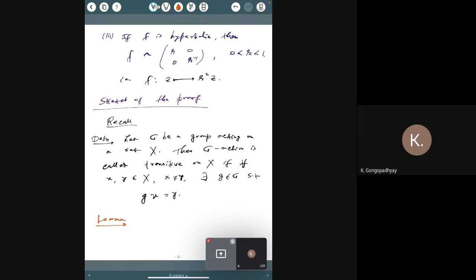Lemma: the group SL2R acts transitively on H2. Okay, the proof is very easy. I will quickly prove it.